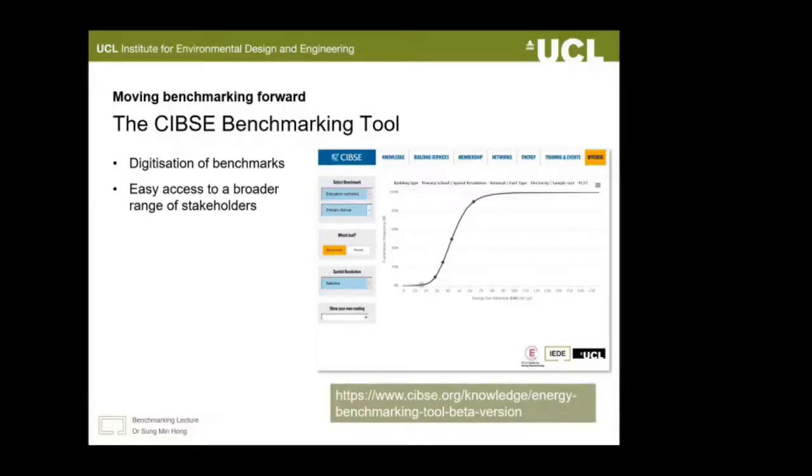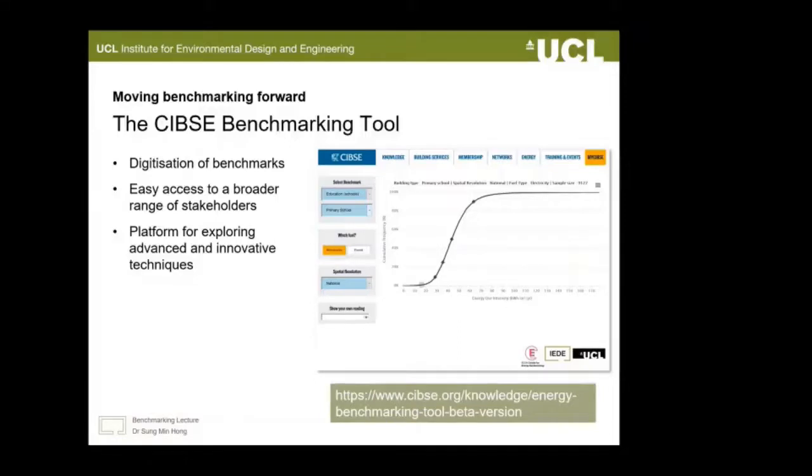One of the other benefits of digitizing the benchmarks is that we can provide the benchmarks to a broader range of stakeholders, not just engineers or architects who have a clear understanding of the methodology and the processes, but also those on the softer side of facilities management, such as head teachers of schools.